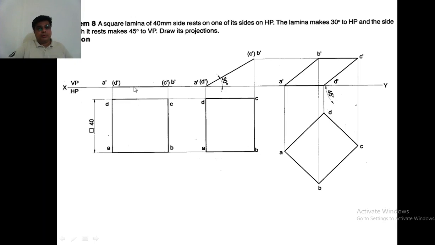Then from this top view draw the front view, then from this front view incline it to 30 degrees, and from this front view you draw the top view. Then the side on which it rests makes 45 degrees to VP. So it is resting on this side on the HP, and this side you have to make 45 degrees to VP, so that is AD. So AD is now at 45 degrees to the VP.